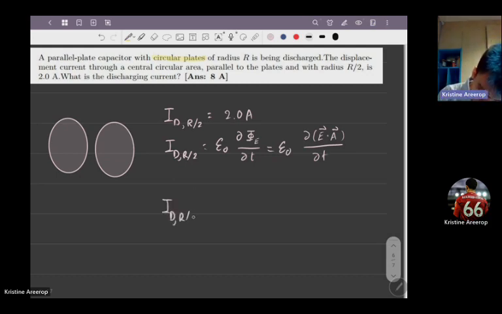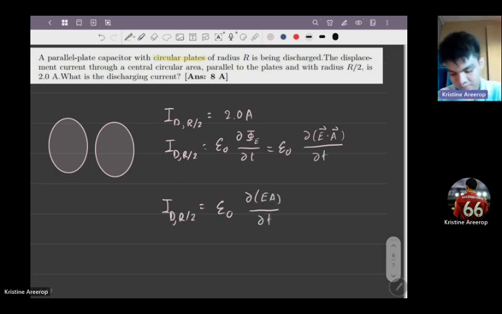ID for the half of R equals epsilon 0 partial d E A by dt. A is a constant value. That means epsilon 0 A has only one variable, E, which is a function of t. Then I change the partial d to the standard d, dE by dt.